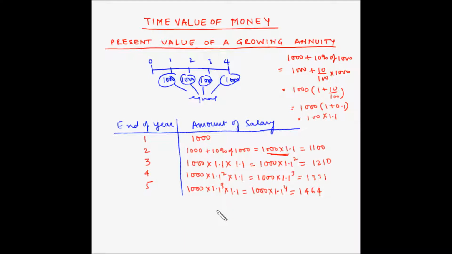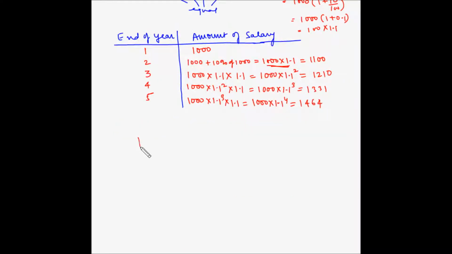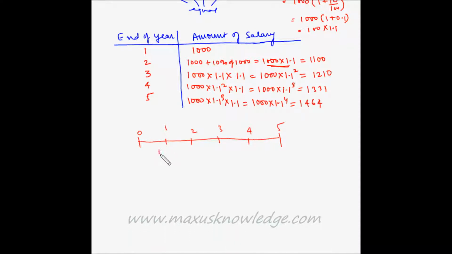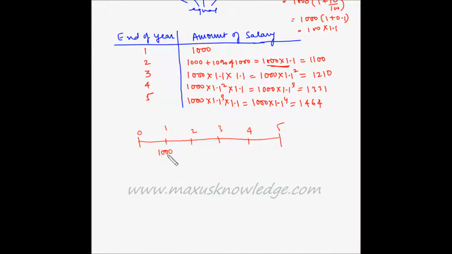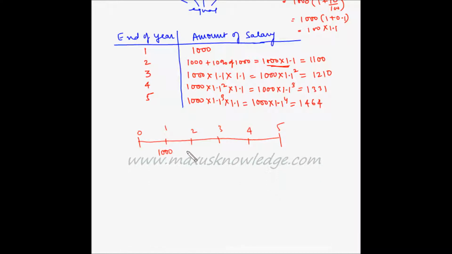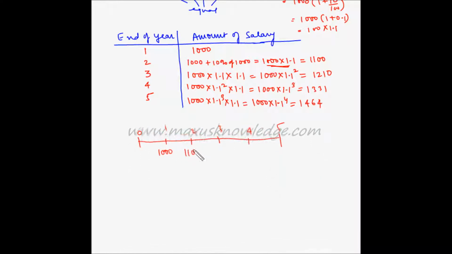So let's represent this on the time scale. One, 2, 3, 4, and 5. At the end of the first year, the amount you are getting is 1000 rupees. At the end of second year, you're getting 1100.